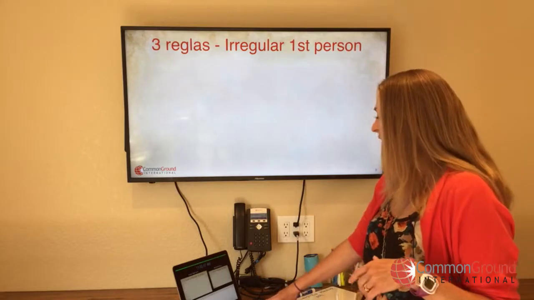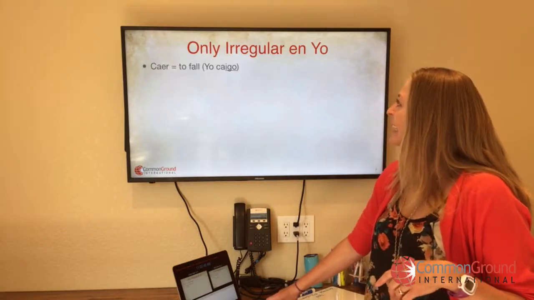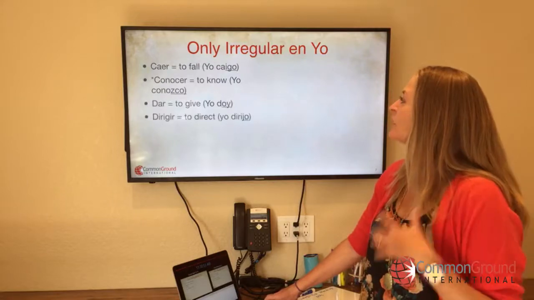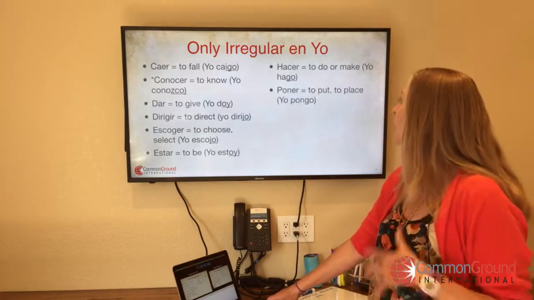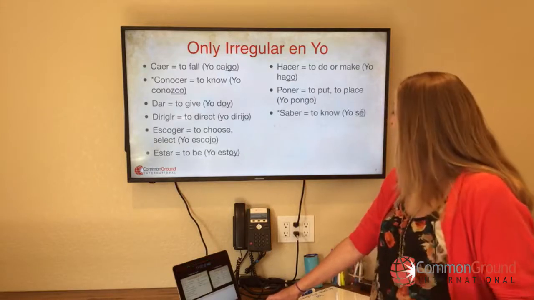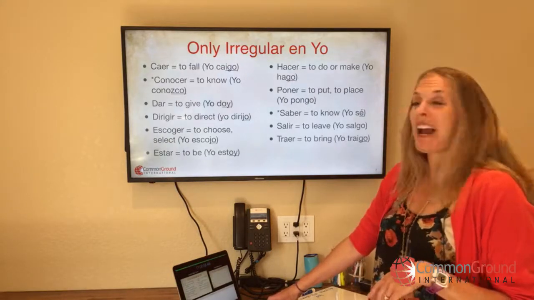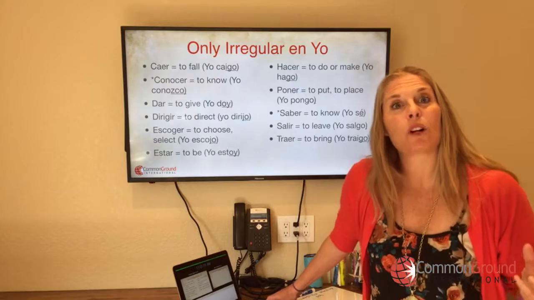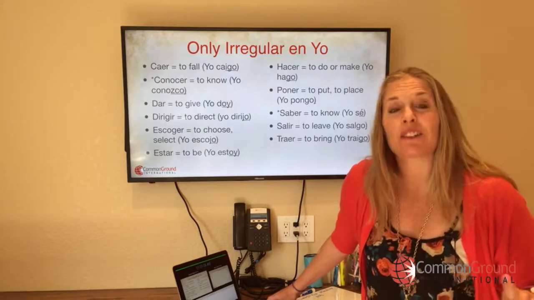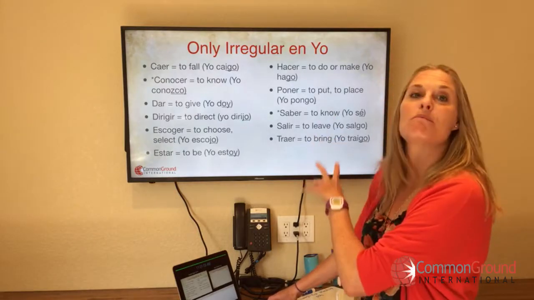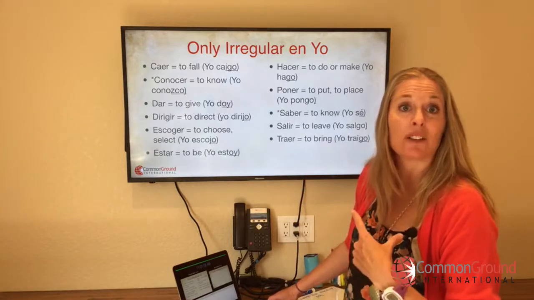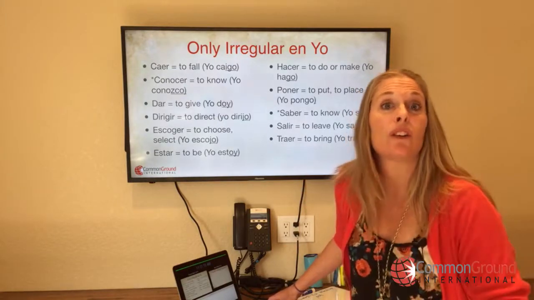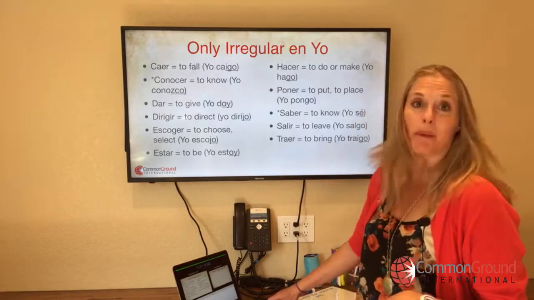So todos esos verbos, aquí caigo, conozco, doy, dirijo, escojo, estoy, hago, pongo, sé, salgo, traigo, cambian en forma de yo solamente. There's a few more, but these are the ones that are most useful when you think of your educational context and how you need to comunicarse con los estudiantes y los papás.